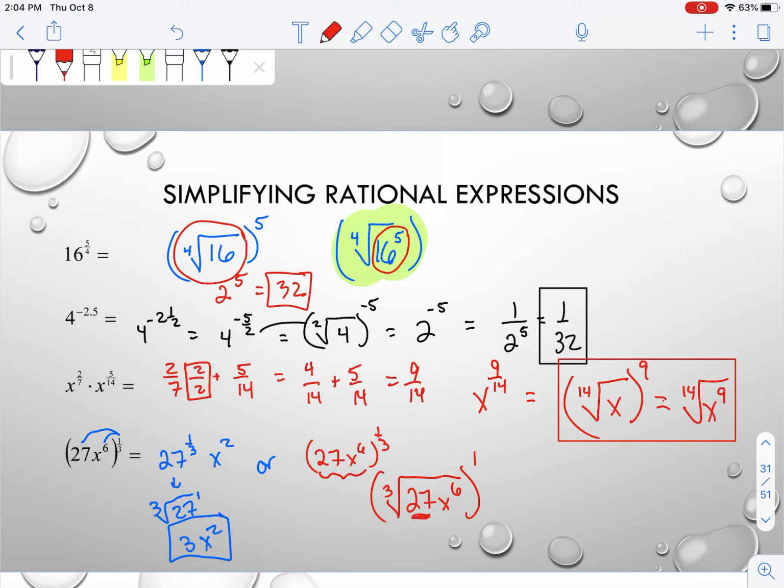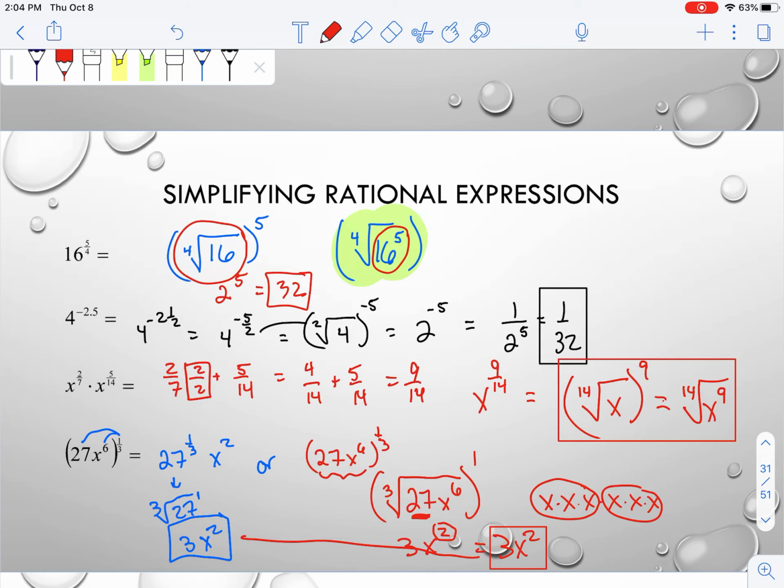So, same thing, you take the cube root of 27, which is 3, and then the cube root of x to the 6th. How many groups of 3 are in there? There's one group of 3, there's two groups of 3. So my two groups, x squared. So your answer is 3x squared. Either perspective, you should yield the same solution.